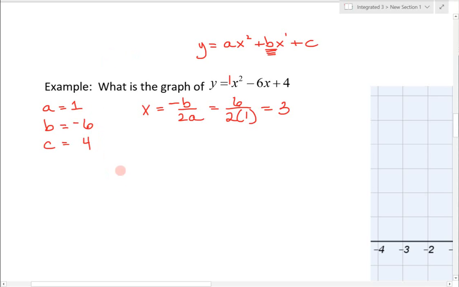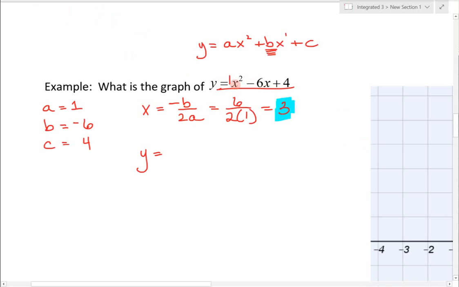Now, we want to find the y value that goes with that. So then all you're going to do is just say, okay, y equals, and I'm going to rewrite x squared minus 6x plus 4, but wherever I see an x, we're going to use that 3.